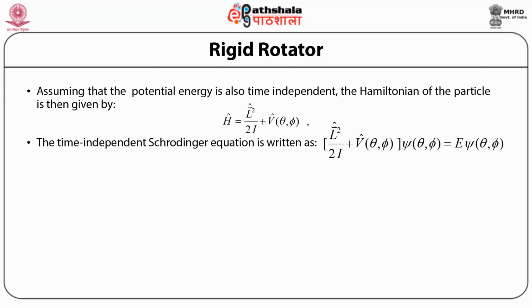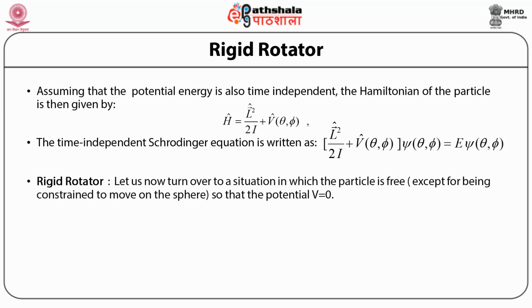We next discuss the case of the rigid rotator, where we turn to a situation in which the particle is free except for being constrained to move on the sphere, so that the potential V is equal to 0. We are then dealing with a rigid rotator.